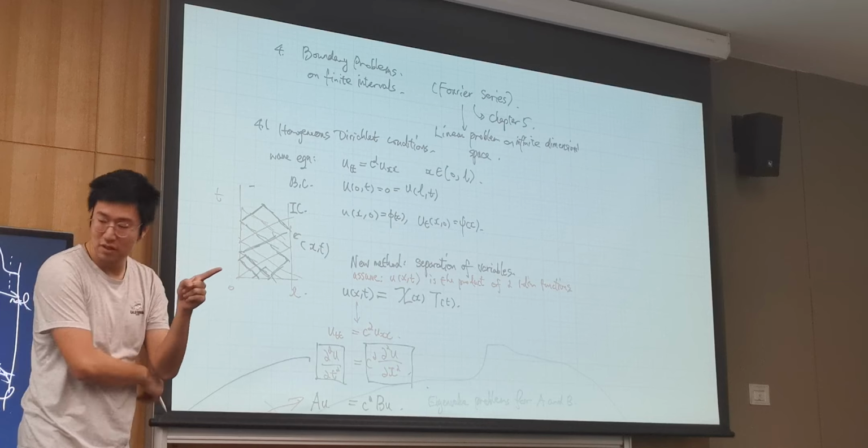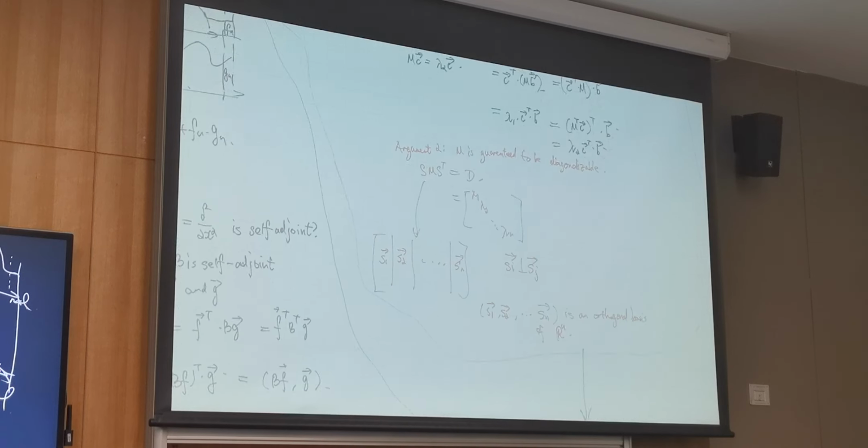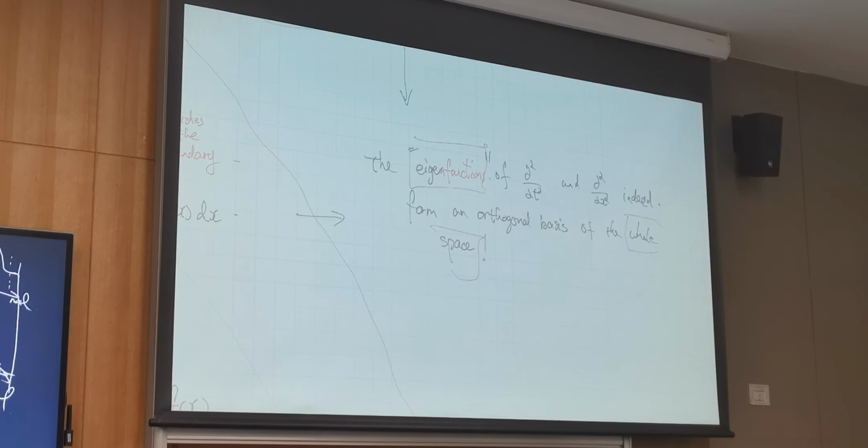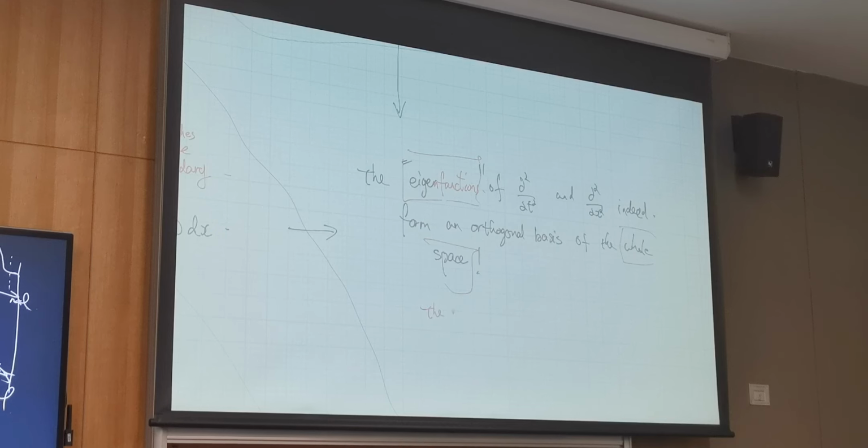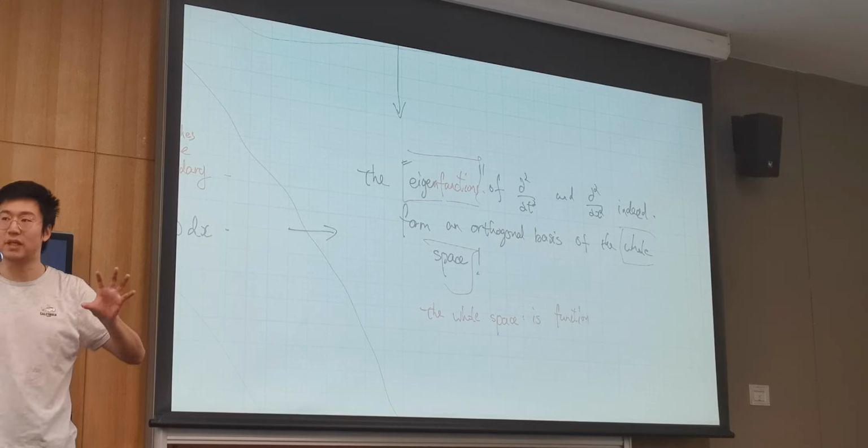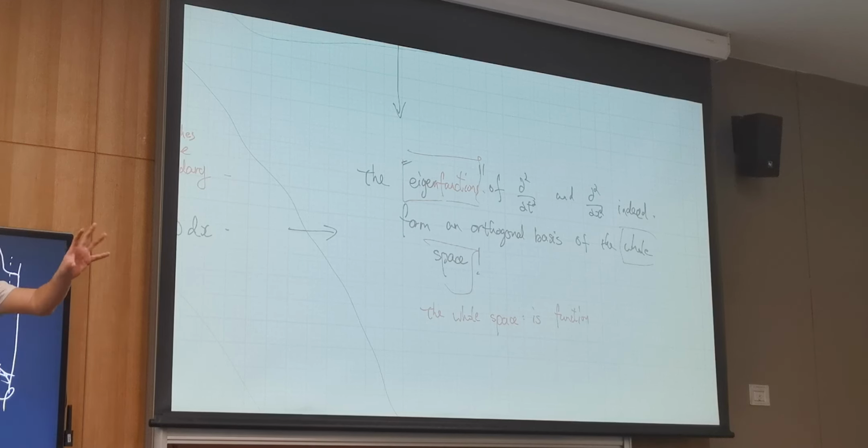So what is the whole space over here? Actually, not all the functions, but some relevant functions, though I cannot say too much about this before we talk about functional analysis.